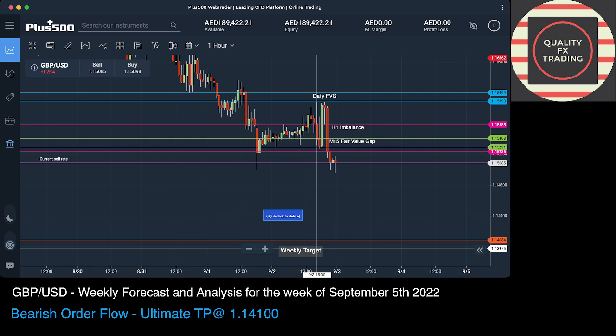to break the weekly target. So these two scenarios are there, and I can give equal chance to both. I'm not giving higher chance, and that will be clear when the market opens and it shows us some kind of price action in the Asian session and London session open.